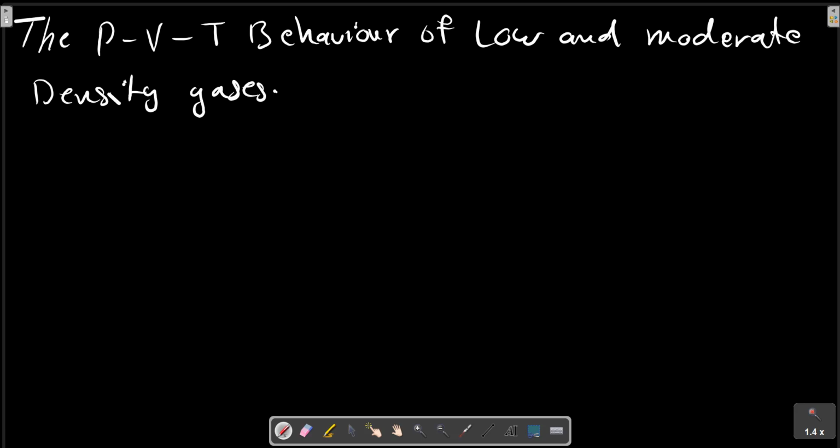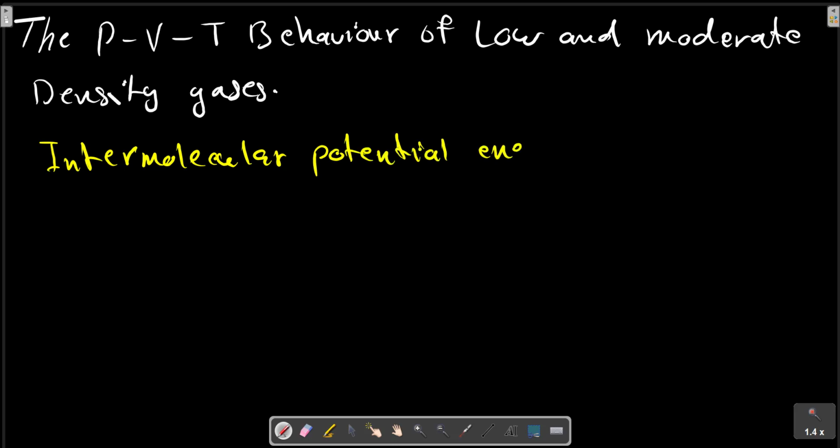One form of energy possessed by a system, discussed in section 2.6 before, is intermolecular potential energy, that energy associated with the force between molecules.